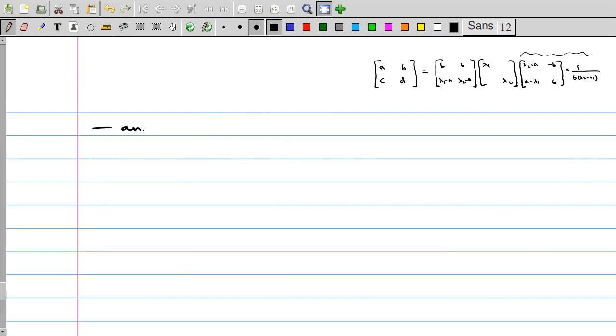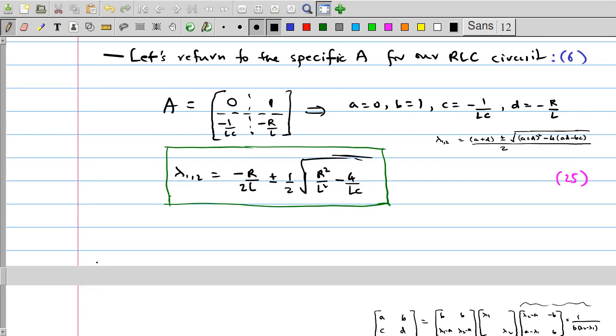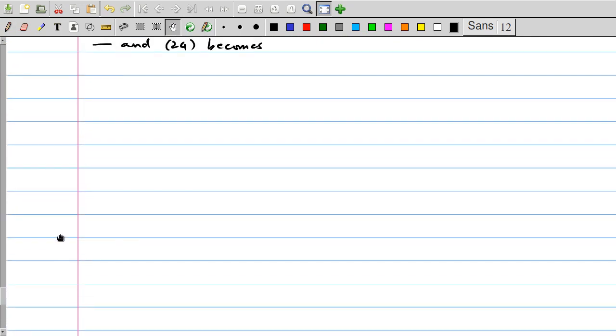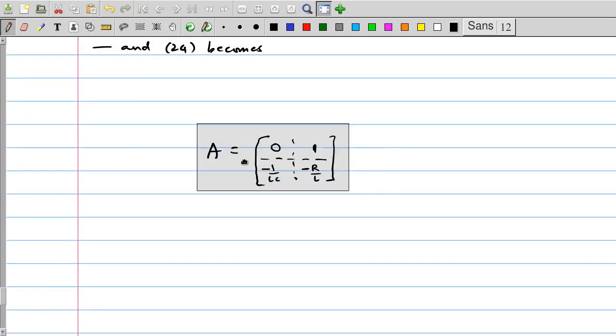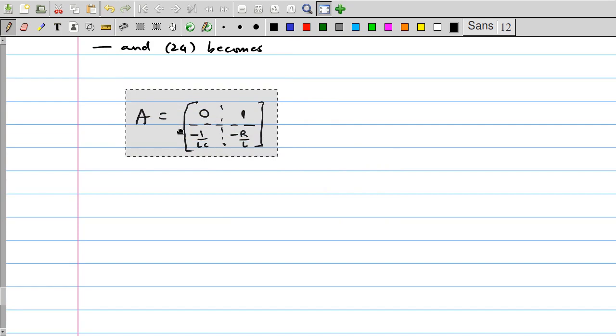And 24 becomes... what was our A here? A equals this.